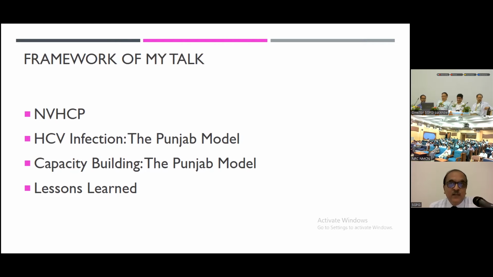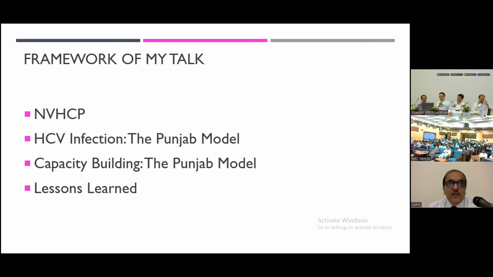I told you in my introduction already that there are around 8 lakh people who are suffering from active viral hepatitis C. Active means viremic, requiring treatment, in the state of Punjab.